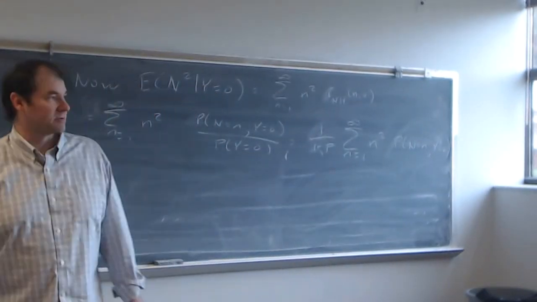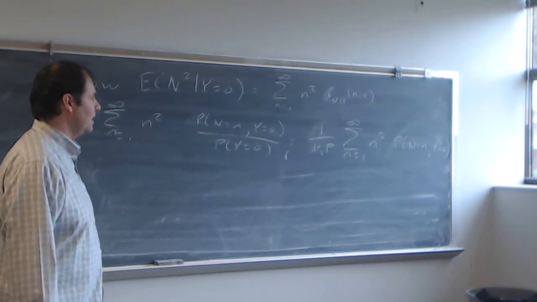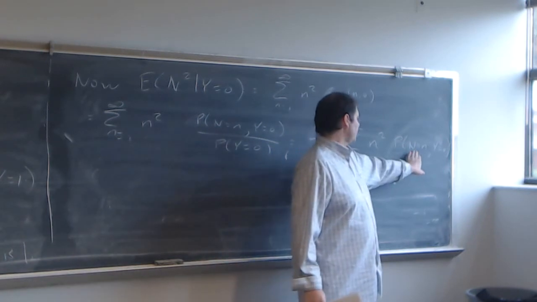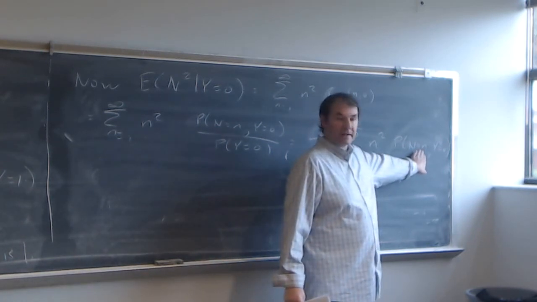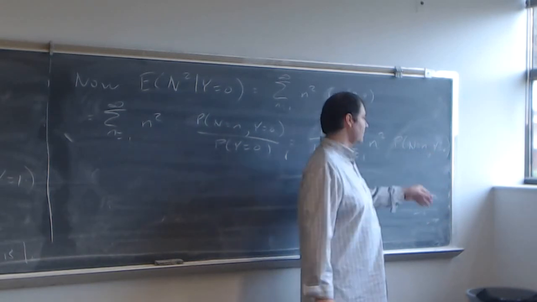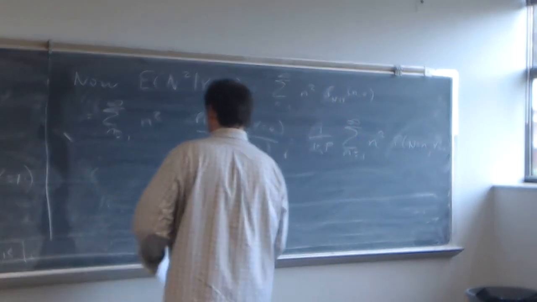Well, if Y was equal to 0, the first trial would be a failure. So when you let n be equal to 1, the number of trials would be 1, and the first would be a failure. That'd be 0. So the first term of this sum is 0, so no use having that.